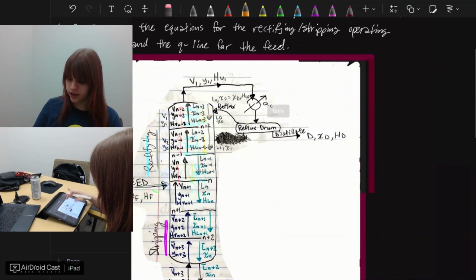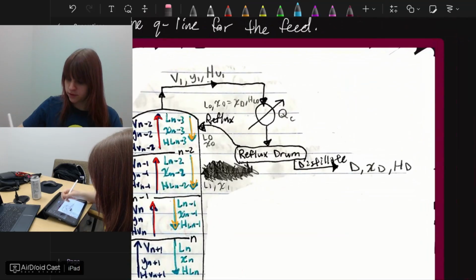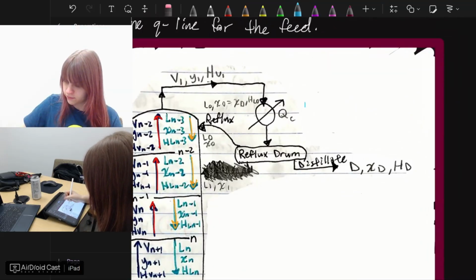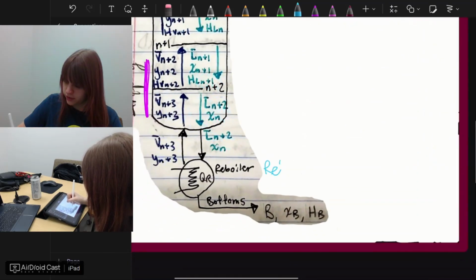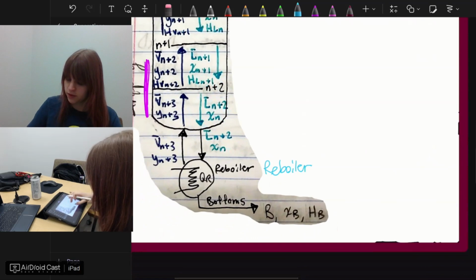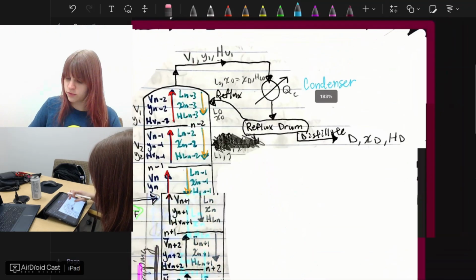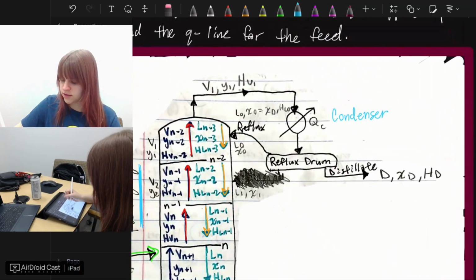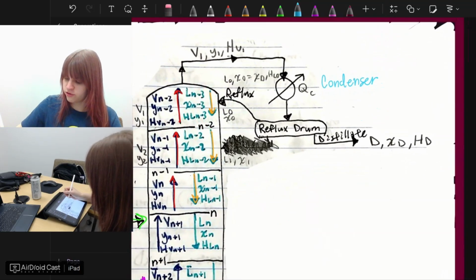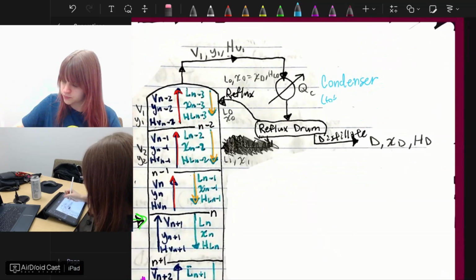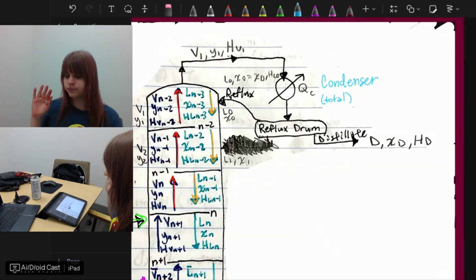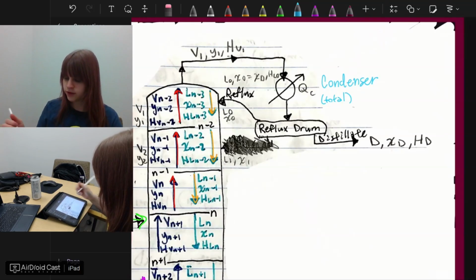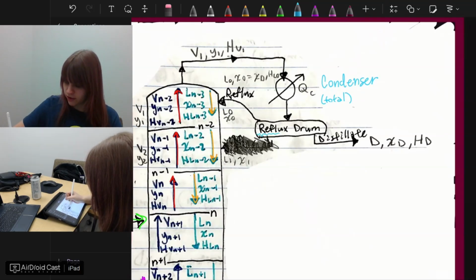Up here we have our condenser, and down here, I labeled this the reboiler. When vapor comes up and gets into this condenser, we're assuming a total condenser. So all of the vapor, every bit of it, gets condensed into a liquid, and it collects in this reflux drum.